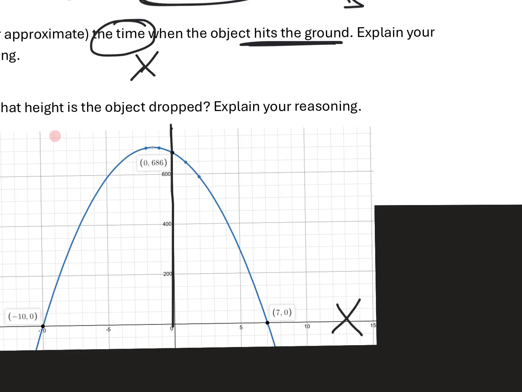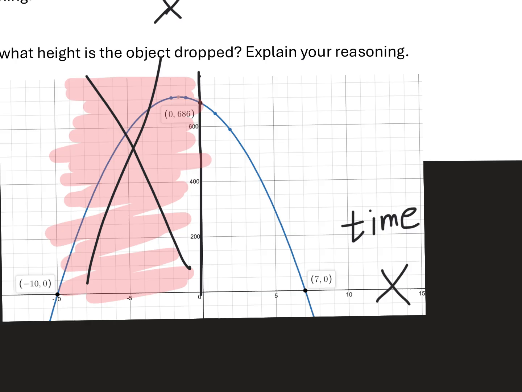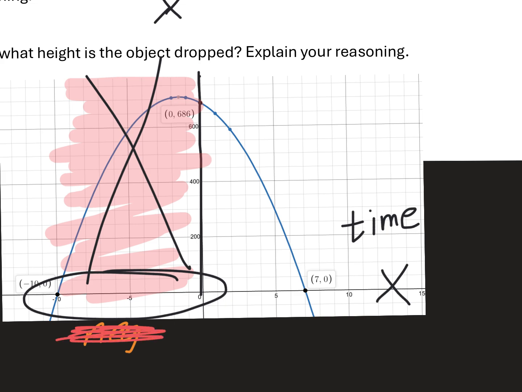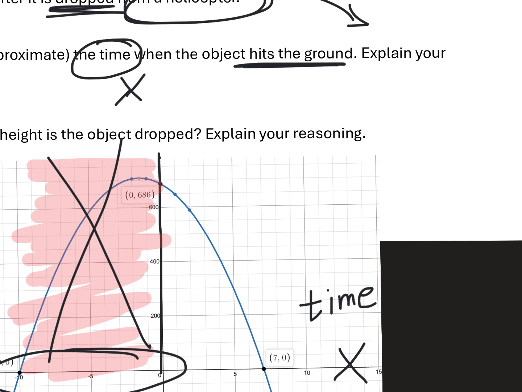And even though we have a graph over here on this side, we are not going to use this side of the graph, because if we used this side in real life, we would be saying that time, which remember is our x, could be negative because there are negative numbers over here. But we know that time cannot be negative. So to answer this problem, we are only going to look at this side of the graph.